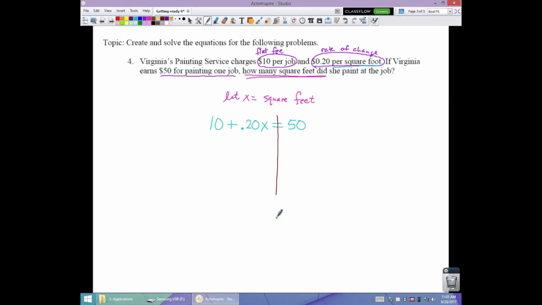To solve this, we subtract 10 on both sides, giving us 20 cents times x equals 40. Divide both sides by 20 cents. So x is equal to 200. 40 divided by 0.20 is 200 square feet.